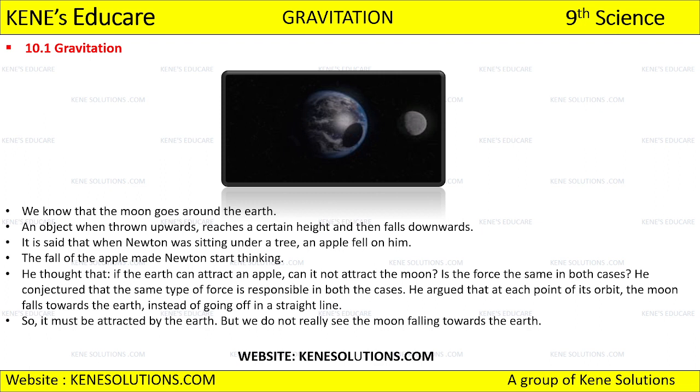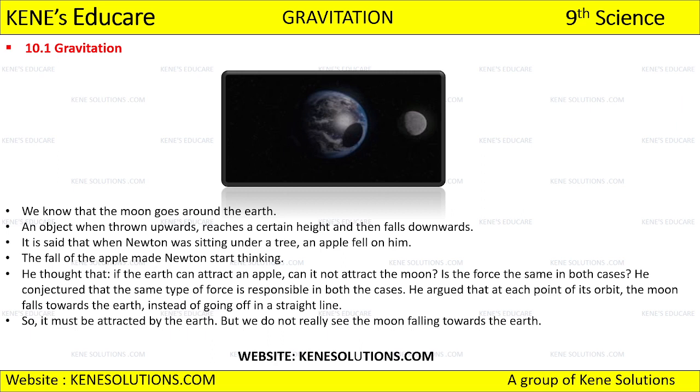Just think of it: the earth is attracting the apple, because of which the apple falls down on earth. Can the earth not attract the moon in that case? Is the force the same in both cases? What do you think? Will the force be the same in both the cases?